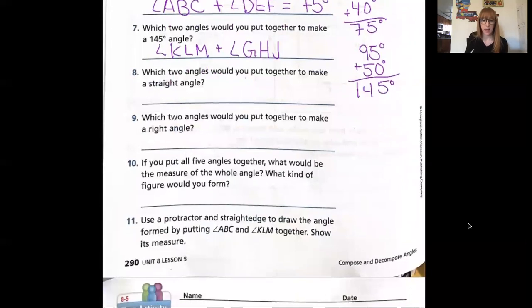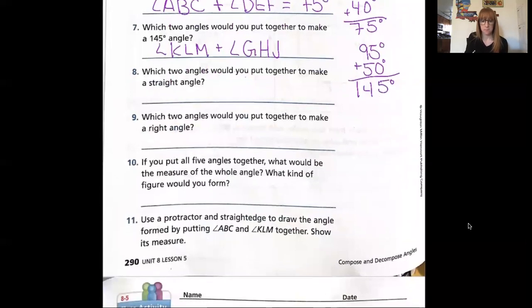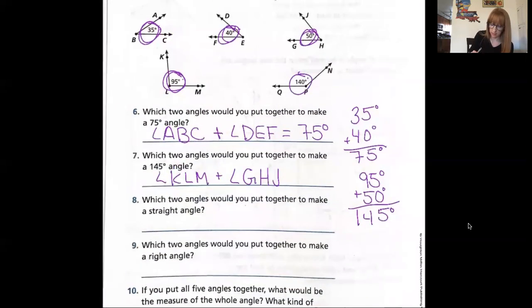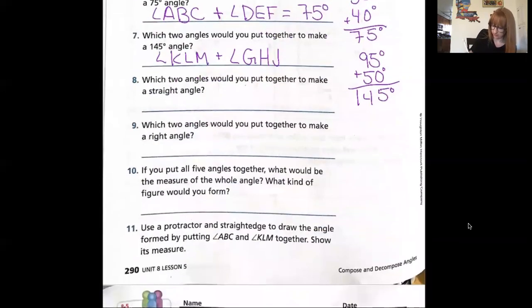But then 11, we want to use a protractor and a straight edge, okay, to draw the angle that we would create if we put ABC and KLM together. ABC and KLM. So angle ABC is 35 degrees and KLM is 95 degrees.